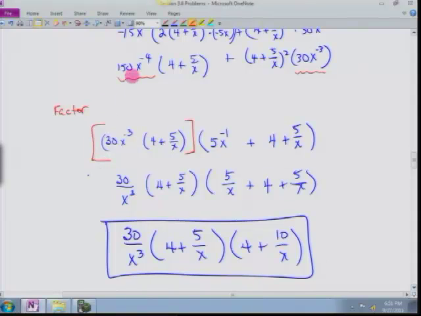It's probably those brackets I was looking for. Okay. And so that's left out of the 150x to the negative 4, and then this is left out of this part. Right? Yeah. Okay. Simple brackets could have made it better to start with. Okay.